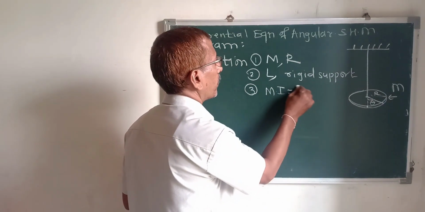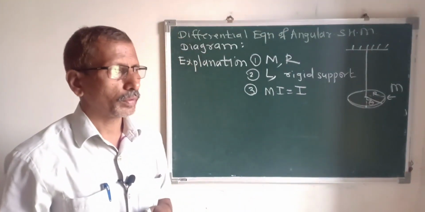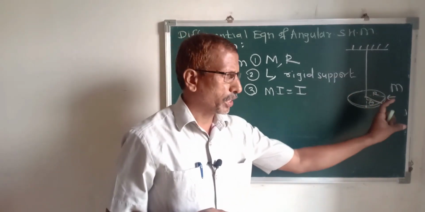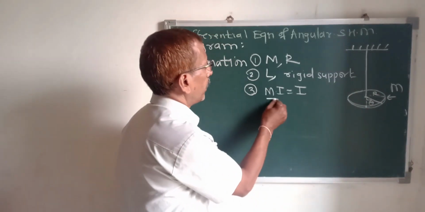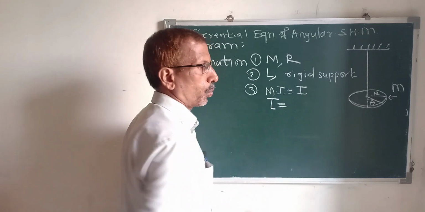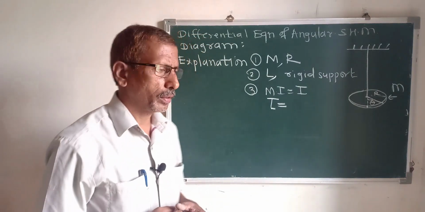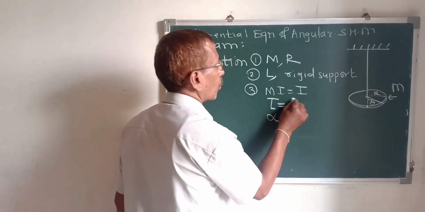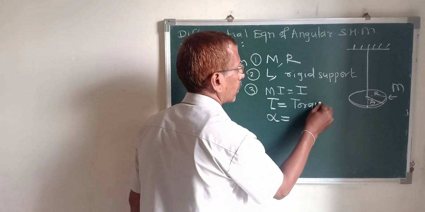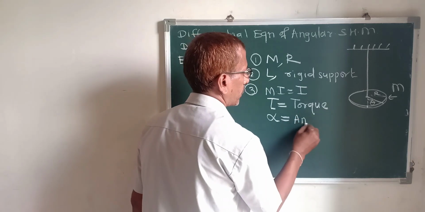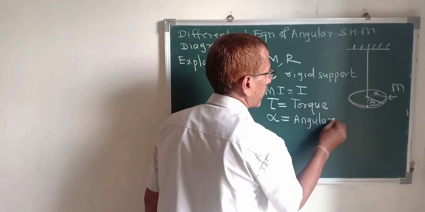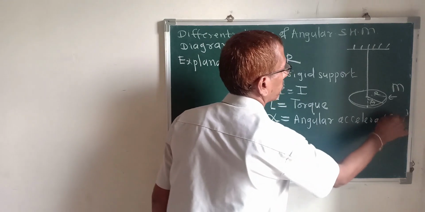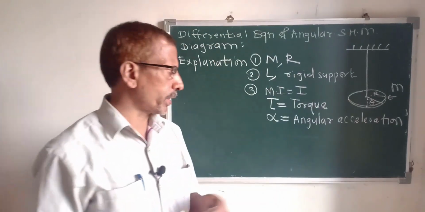The moment of inertia of the disc, that is I, and the torque necessary for rotational motion, let it be denoted by tau, and let alpha be the angular acceleration. Tau represents torque, alpha is angular acceleration.